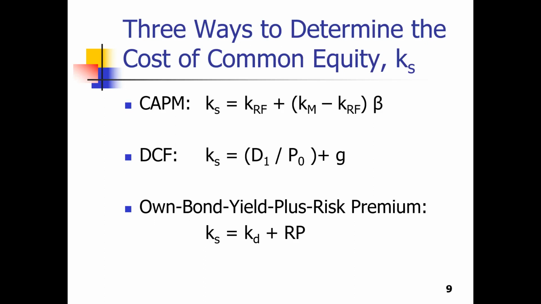Siemens, if it has a beta of 2, should pay twice the risk premium that DAX paid. So we multiply that by 2 and add it to the risk-free rate that the German government paid. This is one way to figure out what the cost of capital and equity of Siemens is. It applies to every company, but they all have different betas, different risks.